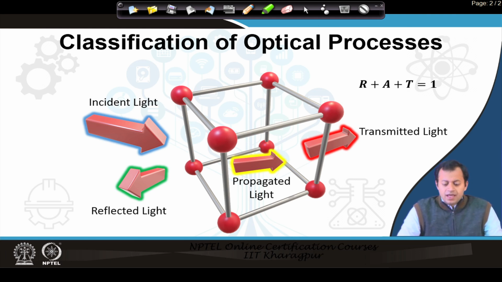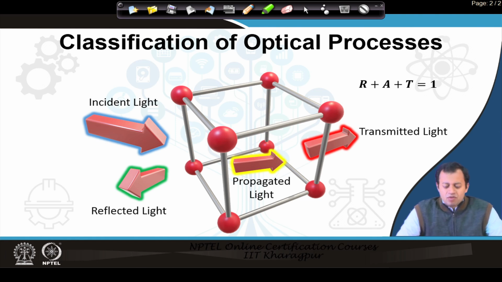So, we can say that reflection plus absorption plus transmission is equal to 1, as in 100%. The overall incident light gets trifurcated into reflection, absorption and transmission. You can also use the term attenuation, but attenuation generally means that almost the entirety has been attenuated.